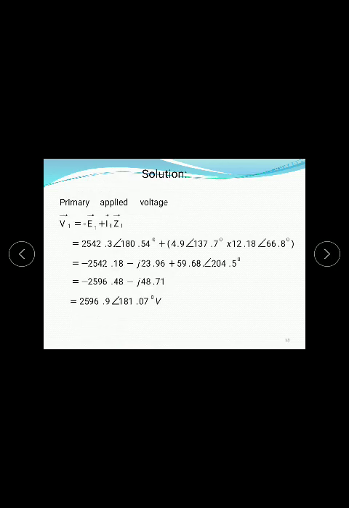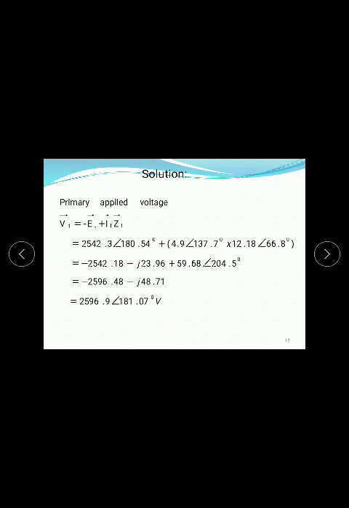So the primary applied voltage V1 is equal to minus E1 plus I1 Z1, that is 2542.3 angle of 180.54 plus within bracket 4.9 angle of 137.7 into 12.18 angle of 66.8, that is equal to minus 2542.18 minus j 23.96 plus 59.68 angle of 204.5 degrees.